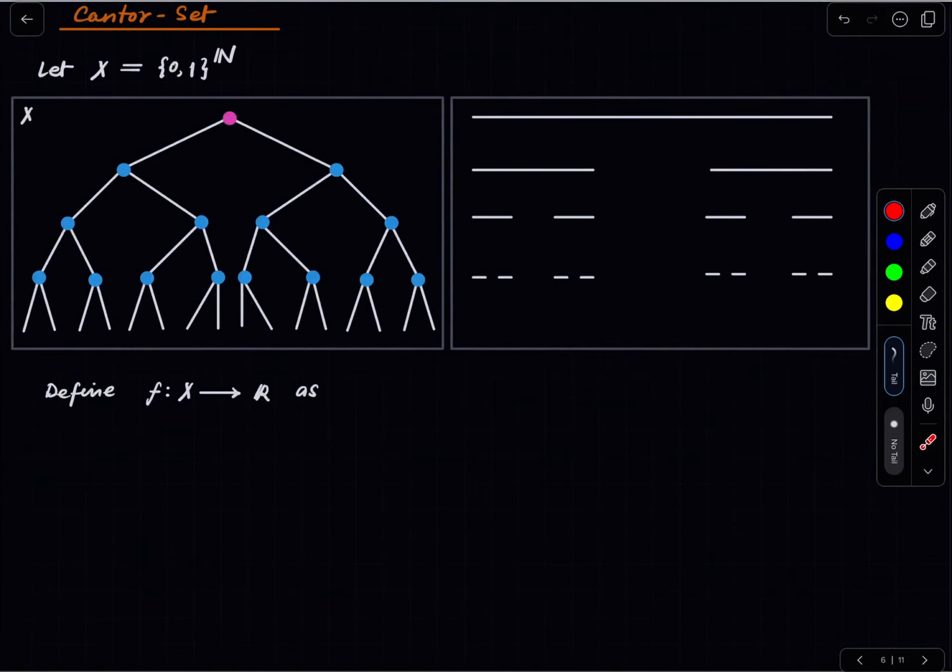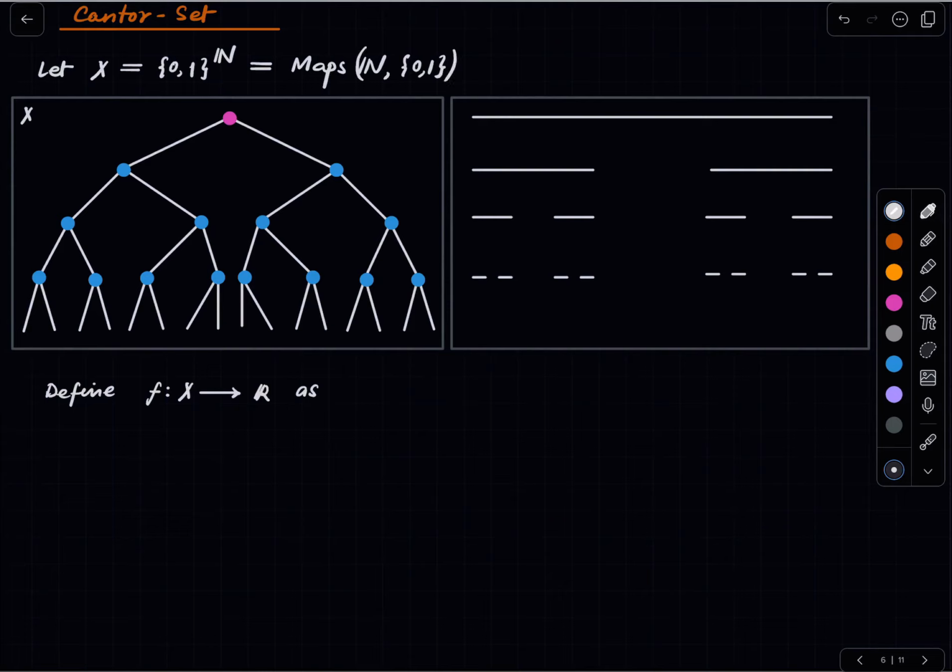And now we will talk about what is called the Cantor set. A more proper discussion of this happens in a course on general topology, but we can appreciate what this is in a fair amount of detail. So let X be this set. This notation is just the same as all maps from n to 0, 1.